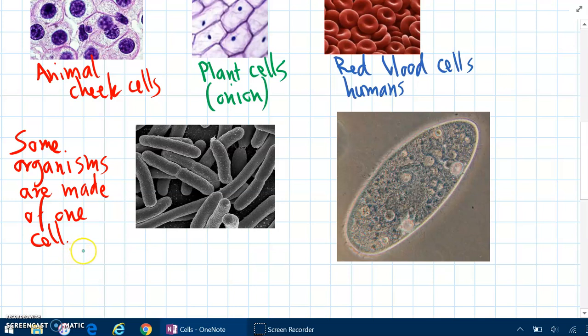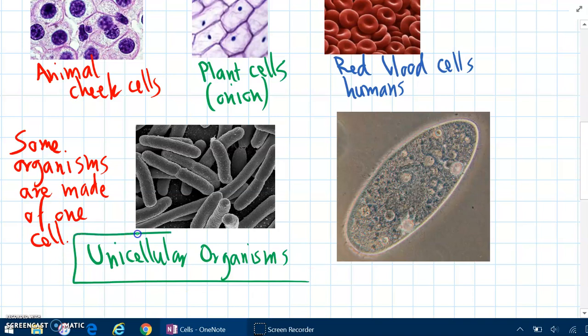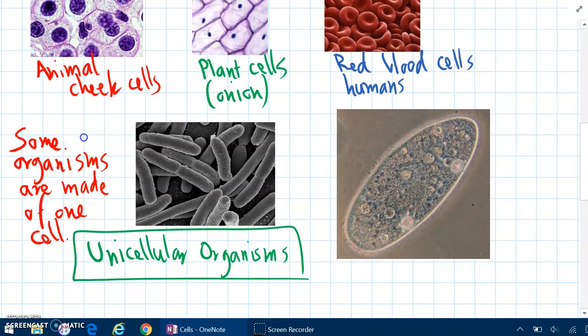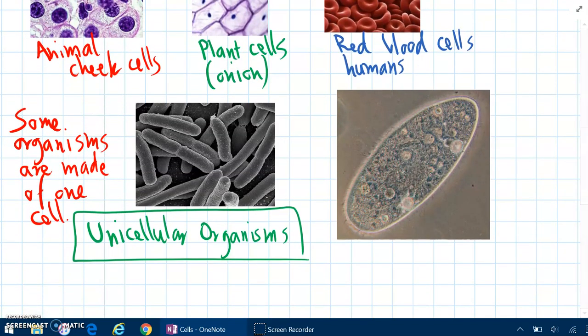And we call these unicellular organisms. Uni means one, like a unicycle. So we can see here's one cell, and these organisms are so small that they're microscopic, and we need a microscope to even see them.